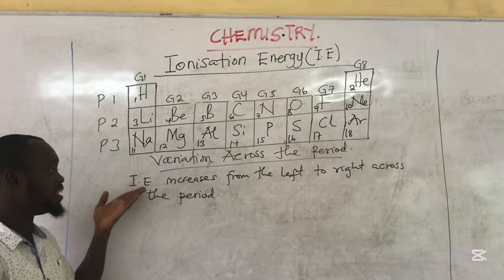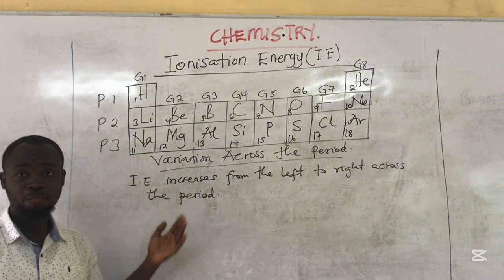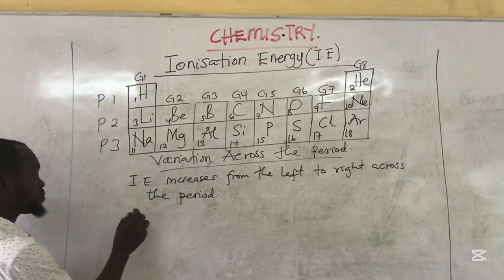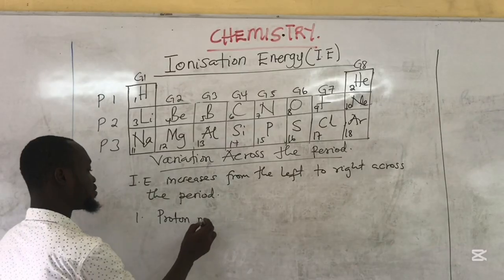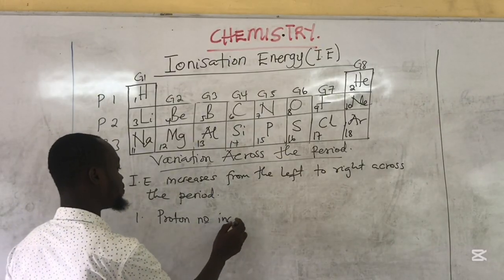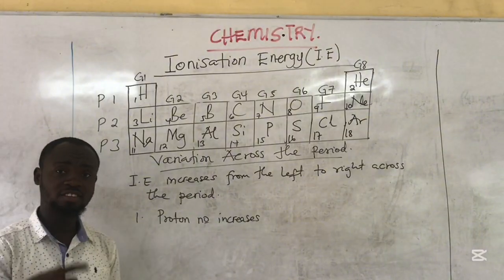So I said IE increases from the left-hand side to the right-hand side across the period. And I said the reason is that, one, proton number increases. And once proton number increases, what does it imply?